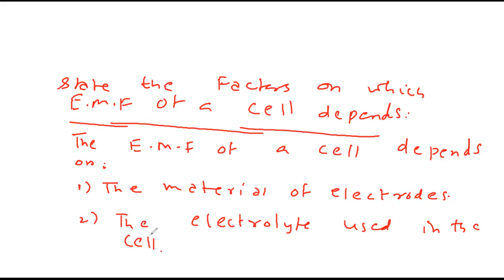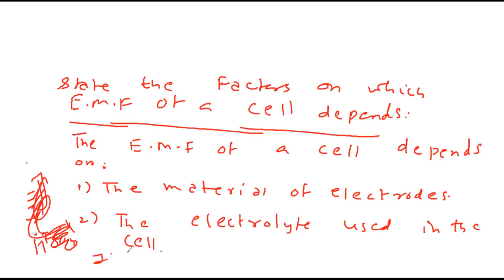In the same way, the electrolyte helps in dissociation. If we have sulfuric acid, it dissociates fast. The positive ion will go to one electrode, take an electron from there, and become neutral. So the speed at which it can release the electron gives the EMF of the cell. That depends upon how the electrolyte is getting dissociated. So that's why the material and electrolyte used in the cell matter.